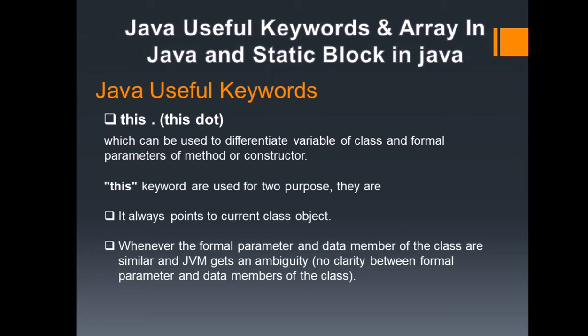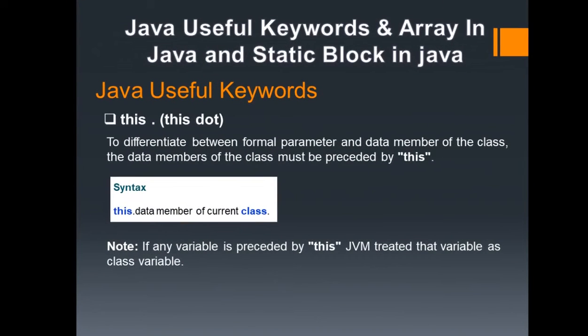Whenever the formal parameter and data member of the class are similar, and the JVM gets an ambiguity, no clarity between formal parameters and data members of the class, this dot differentiates between formal parameters and data members of the class. The data members of the class must be preceded by this, syntax: this dot data member of the current class. If any variable is preceded by this, the JVM treats that variable as a class variable.